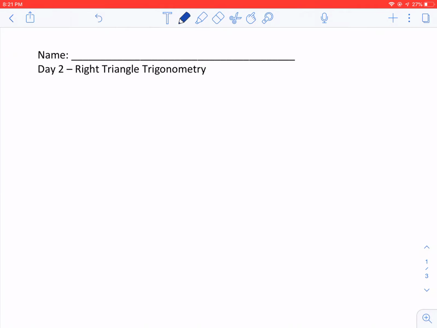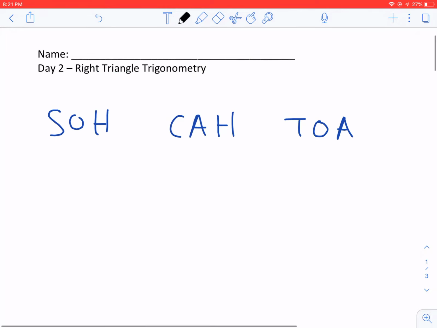With trigonometry, you might have heard of SOHCAHTOA before. And yes, that is what we are going to start with as well. If you've never seen this before, you're going to see it now. These are just some definitions for the relationships in right triangles between their angles and their side lengths.